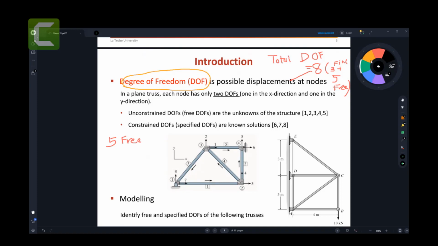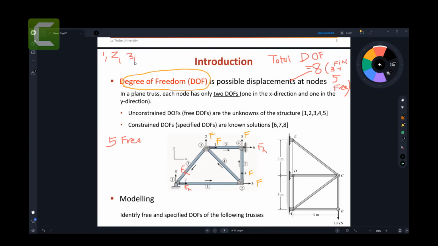I can list them here. This one is free. This one is free. This one is free. This one is free. And this one is free. And the red ones are fixed. This one is fixed, and this one is fixed. Now that's all listed. All your free degrees of freedom, that's what we need to start with, because you remember that there is numbering.